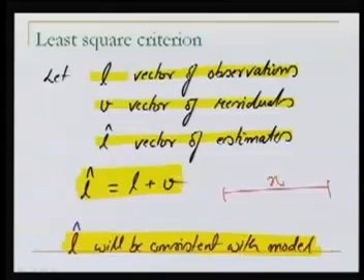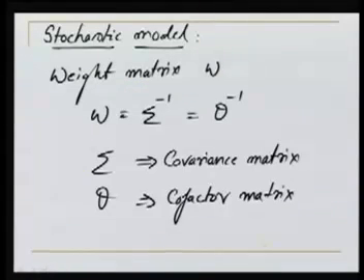So by the least square approach, we'll try to find the estimates which will also be consistent with our model. In addition, we already know that we should take into account the stochastic model, where we account for it by the weight matrix.